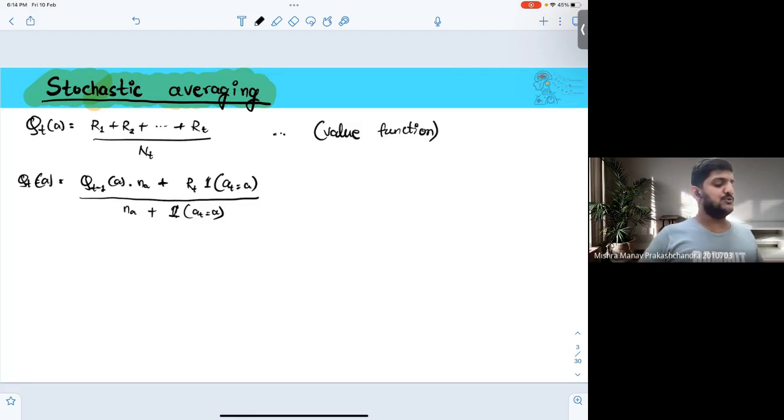All I need to care about is the total number of times I have pulled the arm so far, which is N of A, and my last estimate of the Q value, which is Qt minus 1. If I knew these two, I get the immediate reward that I have. I add it on the fly. Okay, so this is an on the fly averaging that I'm doing.